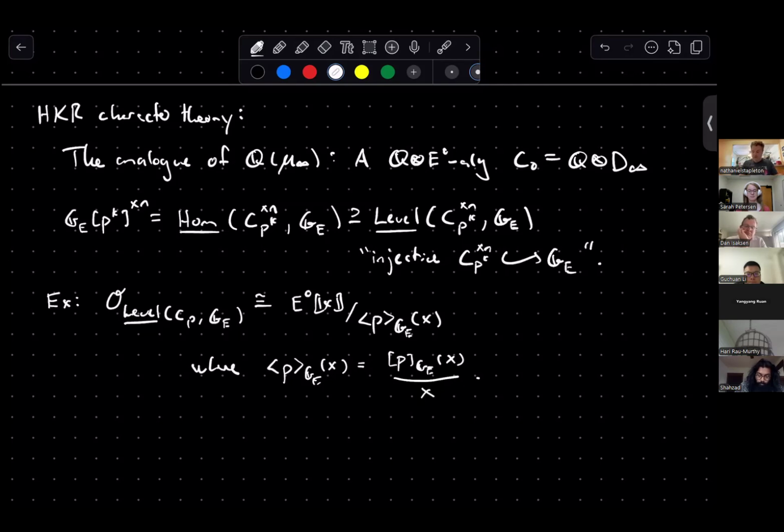That's what a map from E naught double brackets X mod the P series would be. I want a P torsion point, but I don't want it to be zero.